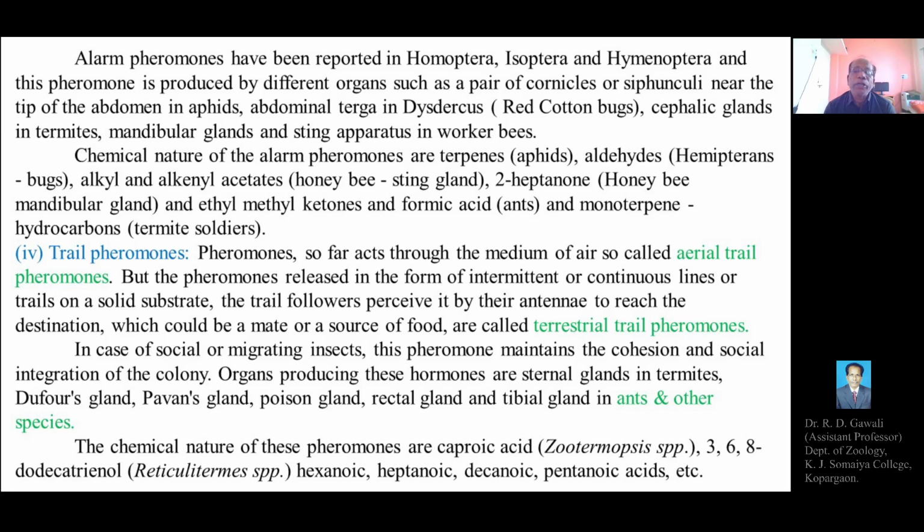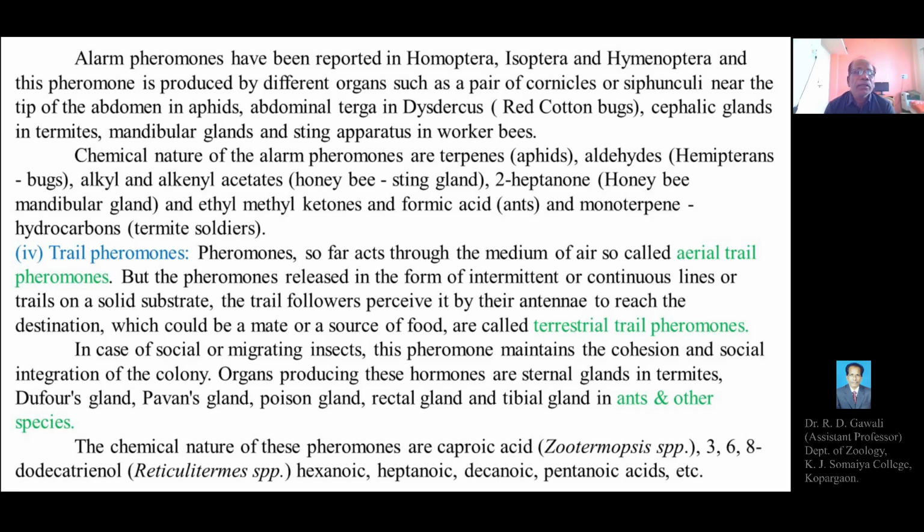The chemical nature of the trail pheromones: caproic acid in Zootermopsis species. Zootermopsis species have trail pheromones which are chemically caproic acids.